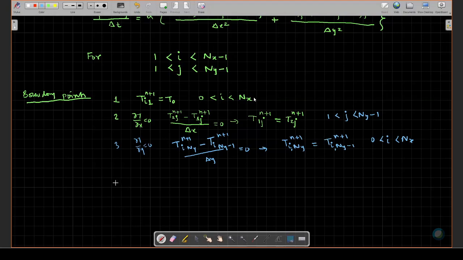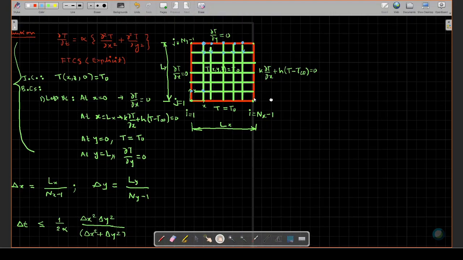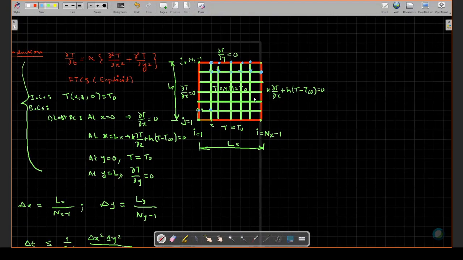Okay, next is the fourth boundary condition. The fourth boundary condition is k del T by del x plus h (T minus T infinity) equals 0. Here we want to calculate this dT by dx, so to find that gradient at these boundaries, we'll have to take the previous grid point values.